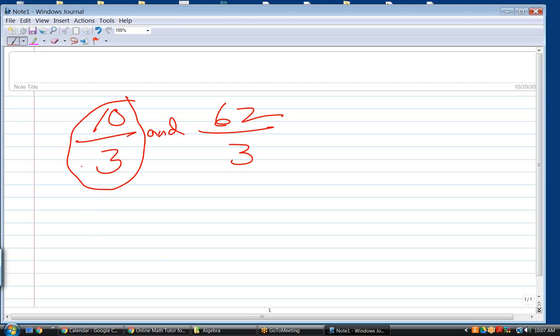In other words, if you turn this into a proper fraction, what would it be? 3 1/3. In other words, if you divide 3 into 10, you get the whole number 3, and there's a remainder of 1, and that's equal to the 1/3. Okay? What's this number equal to? Do the same process. Just divide. Yeah, divide 3 into 62. And you can use your calculator.